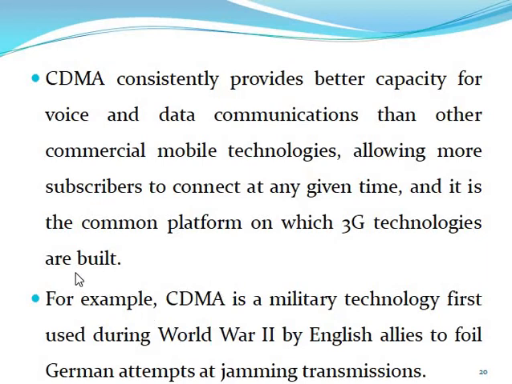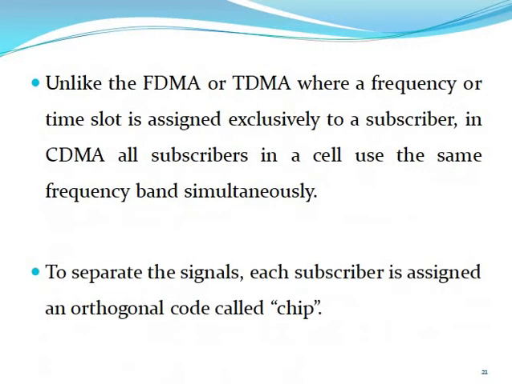So these are the CDMA techniques which are used in cellular networks. Unlike FDMA or TDMA, where a frequency or time slot is assigned exclusively to a subscriber, in CDMA all the subscribers in the cell use the same frequency bandwidth simultaneously. To separate them, the signal of each subscriber is assigned an orthogonal code, called the chip.